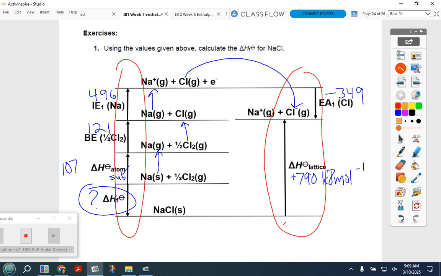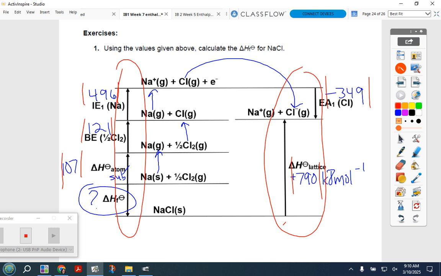And so we're going to add these up. The absolute value of all of these is really what we're adding up, because it's the distance, not the direction, that matters, which makes this different from our other enthalpy cycles.